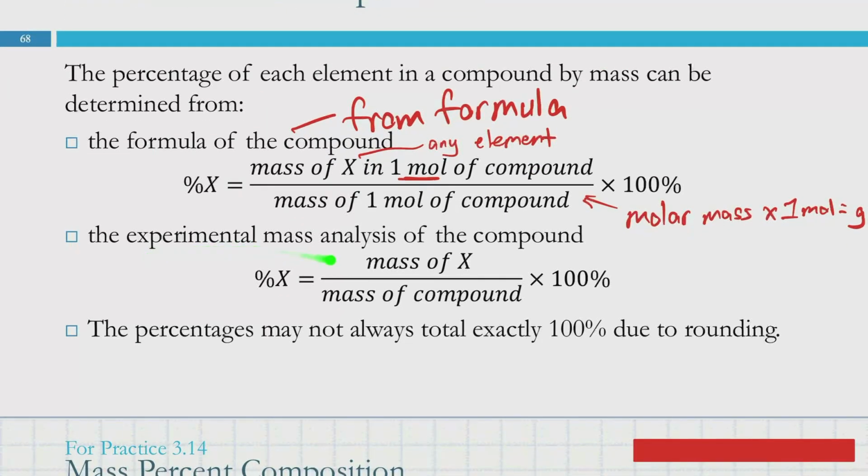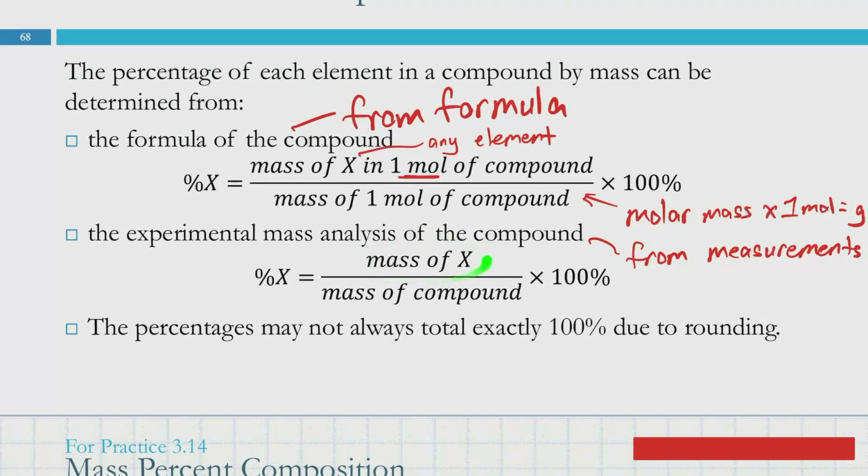We can also do an experimental mass analysis. So this is from measurements. We'll be doing something similar to this today. So the mass of X, where X is whatever element we care about, divided by the mass of the compound, and times 100%.